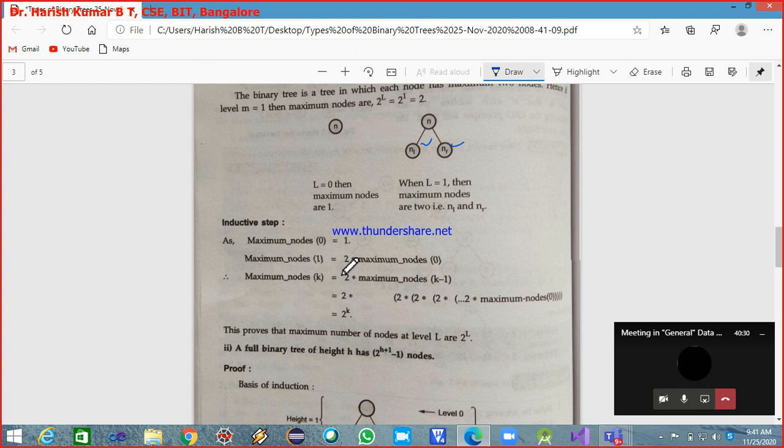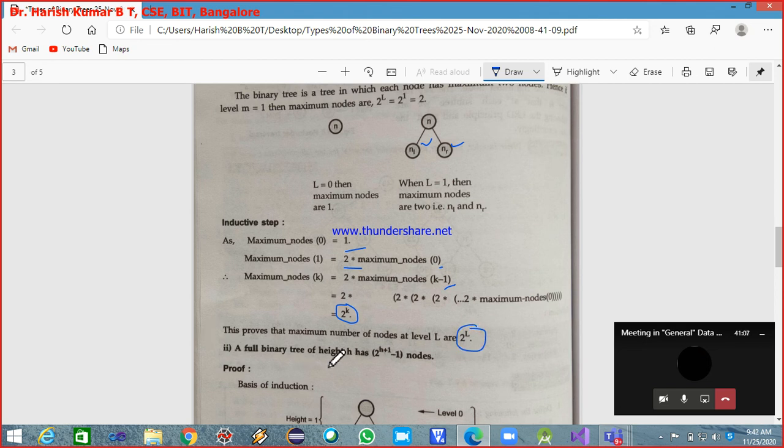In general, the maximum nodes at level 0 is 1, at level 1 it is 2 times the maximum number of nodes at level 0, and in general the maximum at the kth level is 2 times the maximum number of nodes at level k minus 1. So in general you can say it is 2 raised to k. This proves that the maximum number of nodes at level L is 2 raised to L.